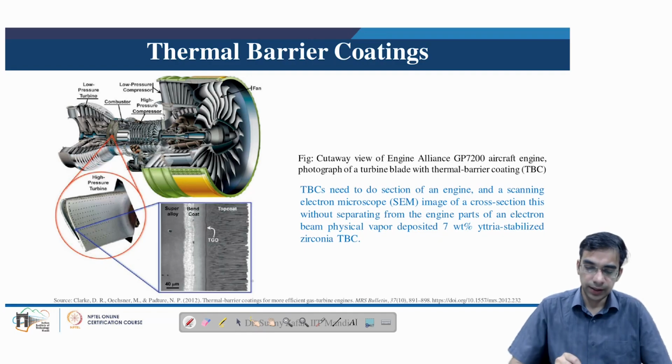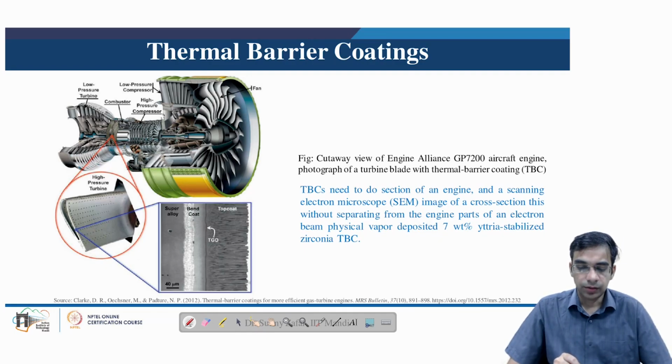And if you look at the SEM micrograph, that is the scanning electron micrograph of this thermal barrier coating, we can see this is not just a single layer of material, rather it is a multi-layer, multifunctional material which consists of a specialized material, 7 weight percent yttria stabilized zirconia.